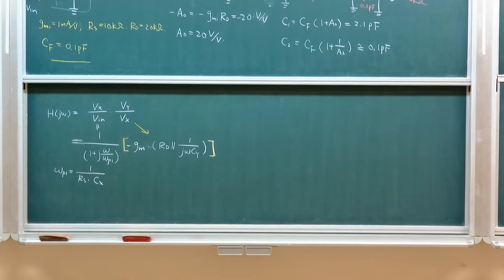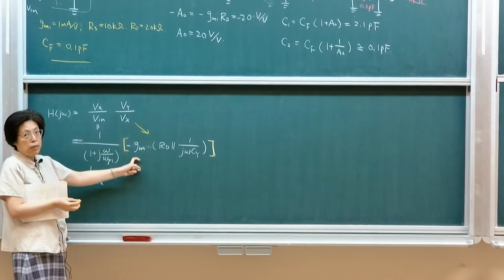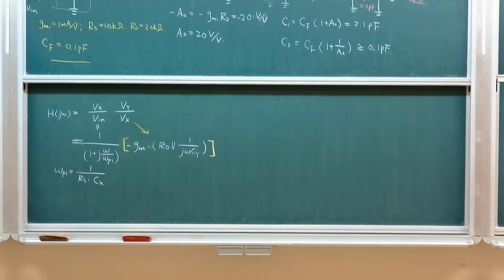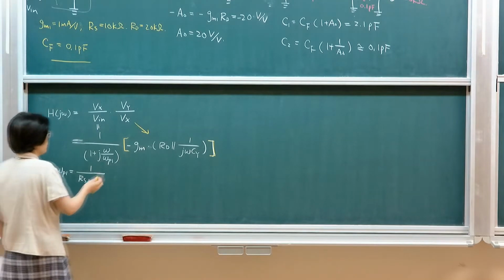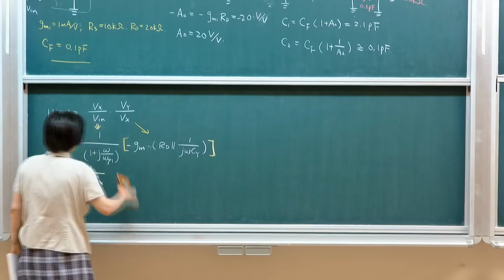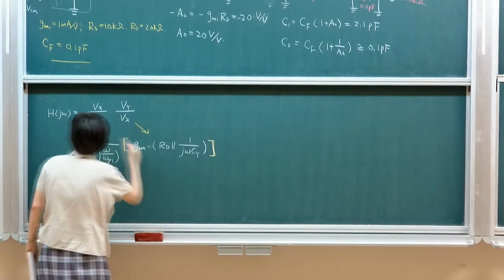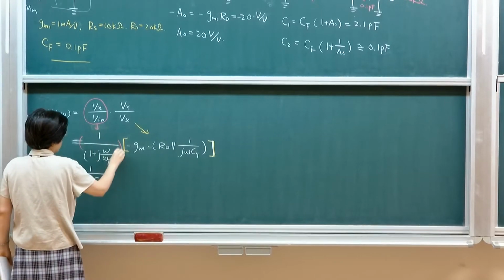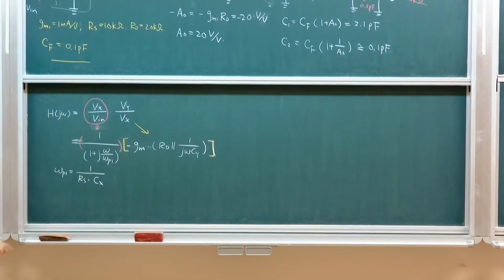This will be Vy over Vx because you have capacitance and loading resistance in parallel. If you look at it in a small signal way, this will be Gm times these two. If you can't see that, you can simply insert the small signal model, and that should become more clear. So this is the voltage divider part, which will give me this. And Vy over Vx is determined by the loading component.